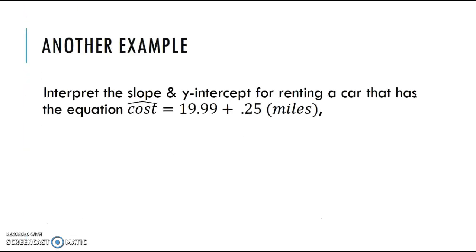Here's another example for you. You don't have this one on your sheet, so just take a look at what I have on the screen. Interpret the slope and y-intercept for the cost to rent a car with the equation predicted cost equals 19.99 plus 0.25 times miles.